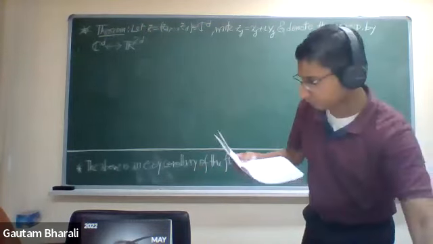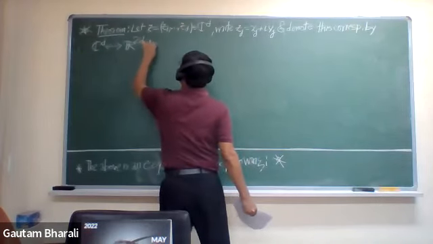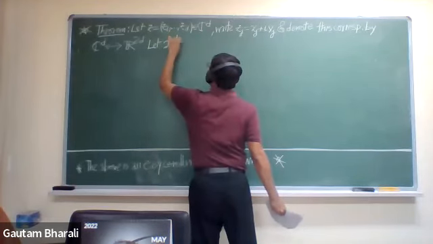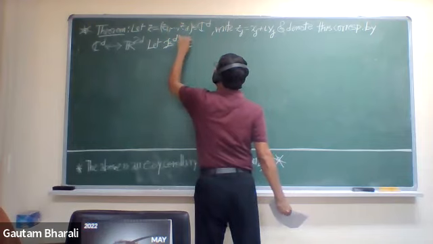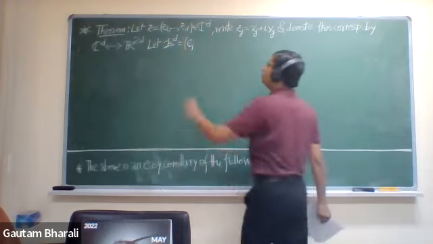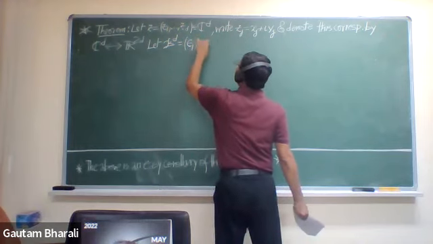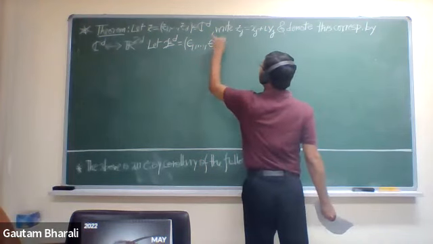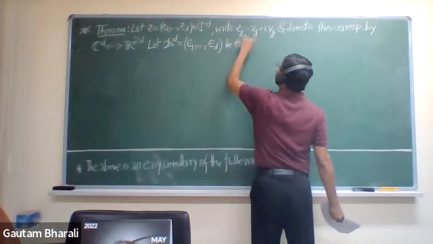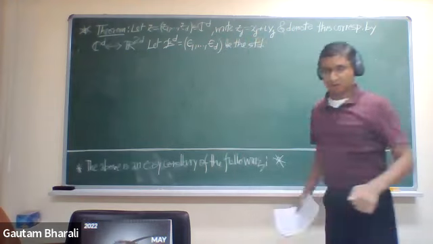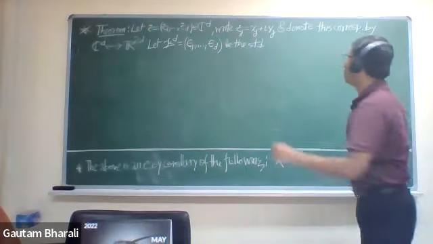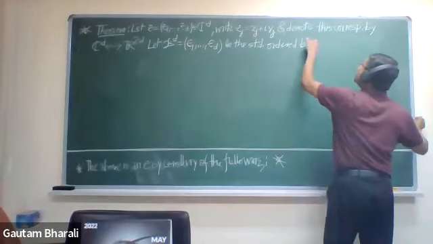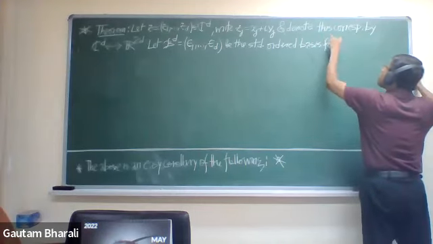Now let script B superscript D, the standard unit vectors in a Cartesian product, epsilon 1 to epsilon d, be the standard complex ordered basis for CD.